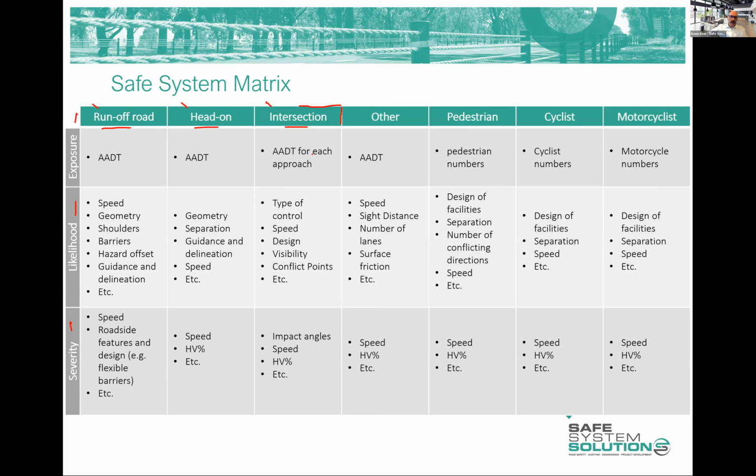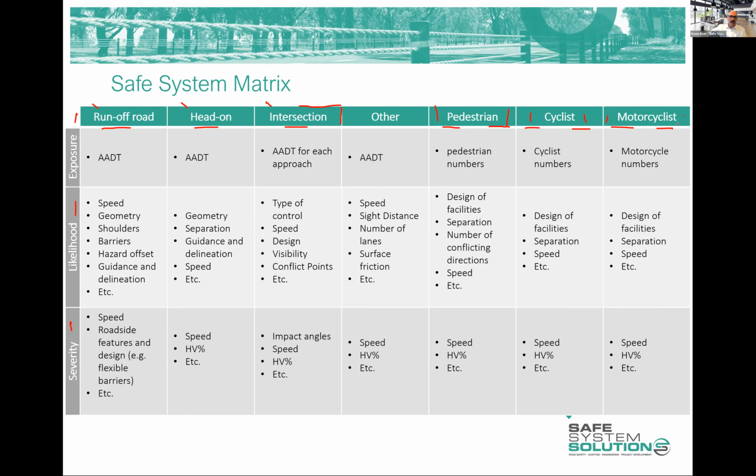Over here, we have pedestrian crashes, cyclist crashes, and motorcycle crashes. These are any crash types that involve the pedestrian being the one that's injured, or the cyclist, or the motorcyclist.